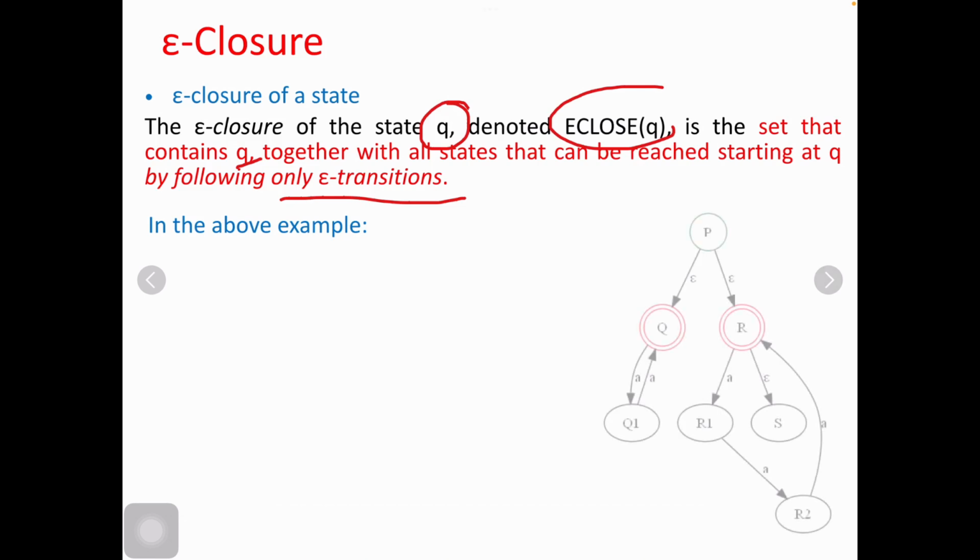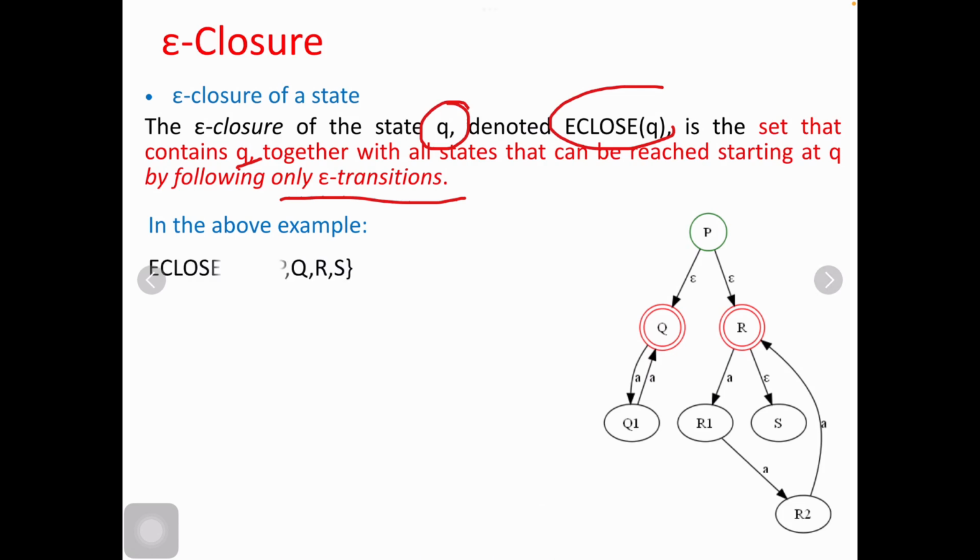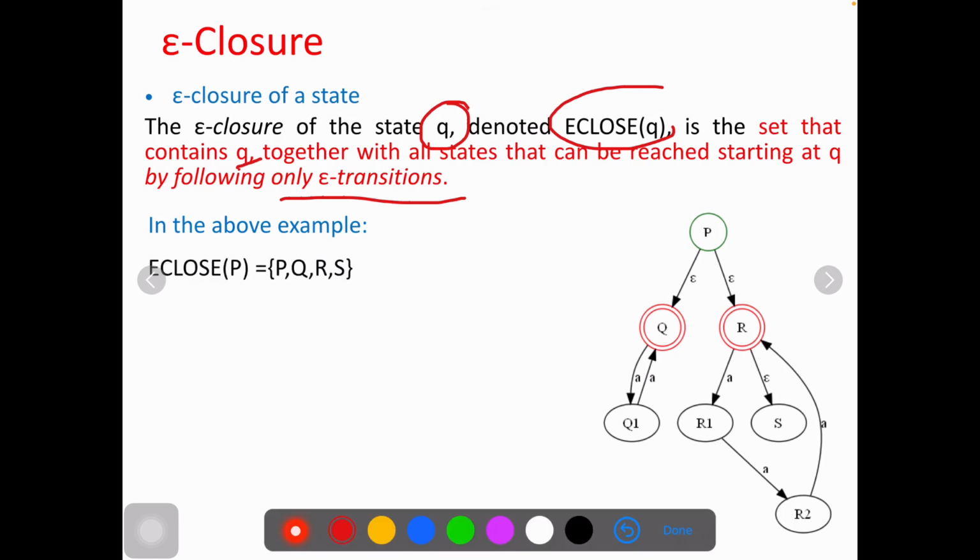For example, we can take a similar example. I need to find out the E-closure of P. So E-closure of P is, how do you get P, Q, R, S? Look at that. E-closure of P: without taking input, you are able to reach Q, and also it can reach R and S, right?